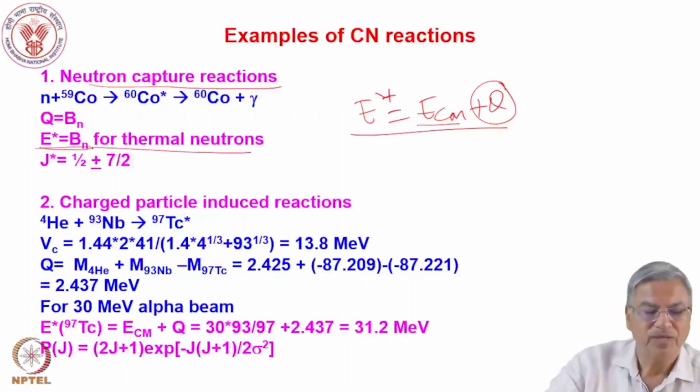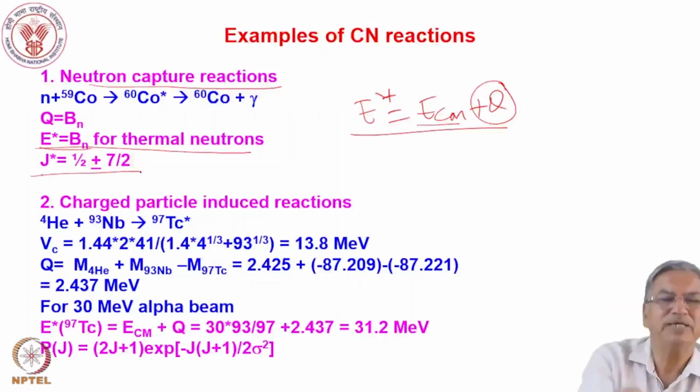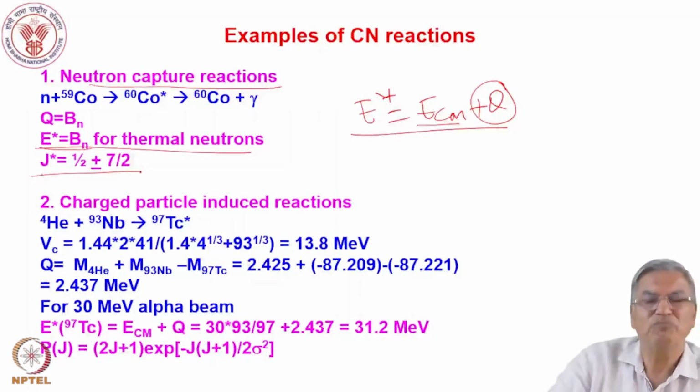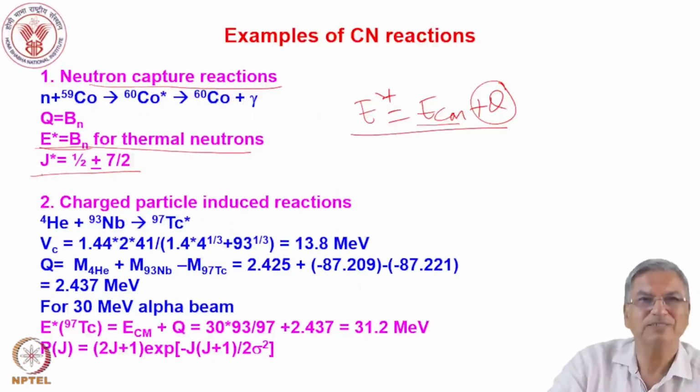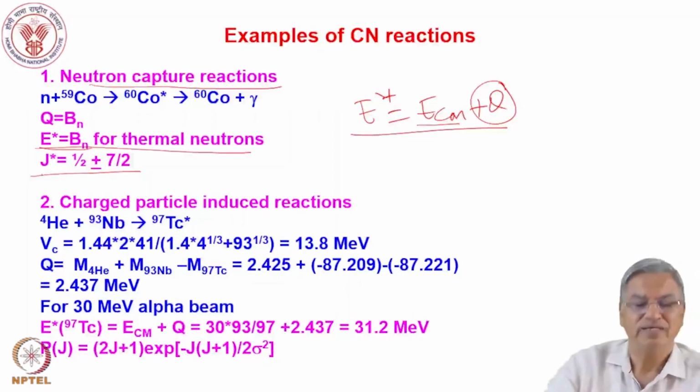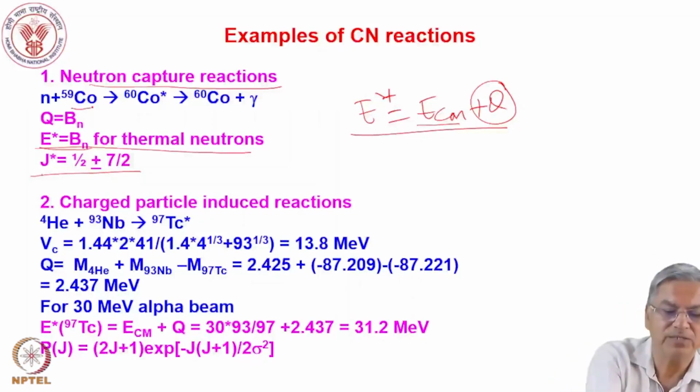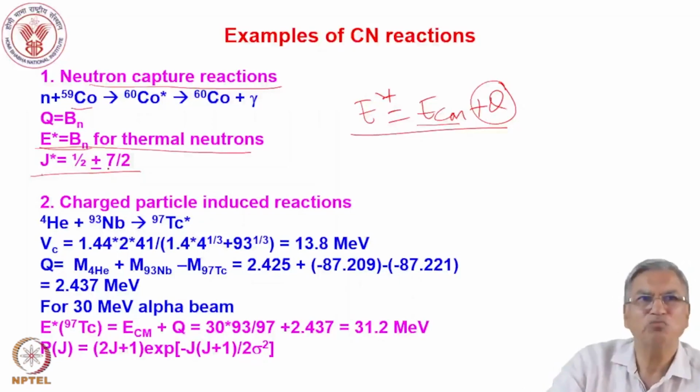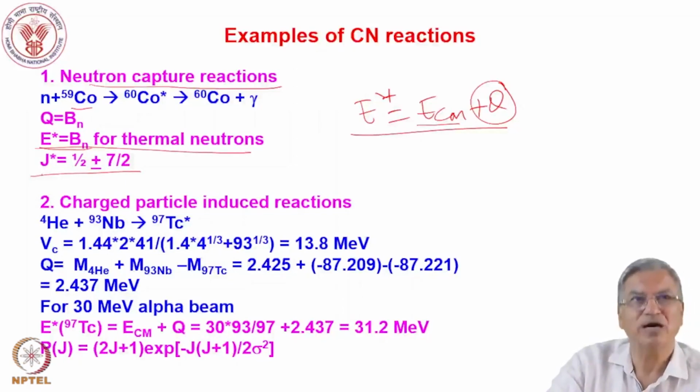of the neutron. And the angular momentum that is given to the compound nucleus will be the target nucleus spin plus the neutron spin. So neutron spin is half and target nucleus for cobalt-59 is 7/2. So 7/2 plus minus half. J of the compound nucleus can be 7/2 plus half or 7/2 minus half.